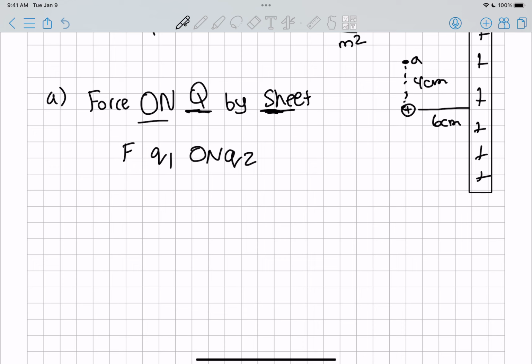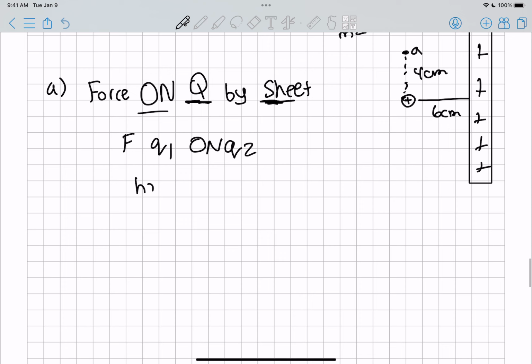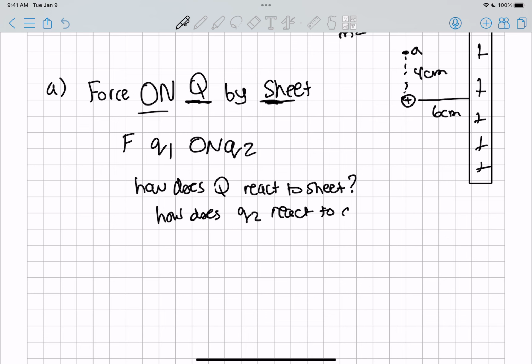How does Q react to the sheet? Does that make sense, this notation? How does Q2 react to Q1, for example? Does that make sense?